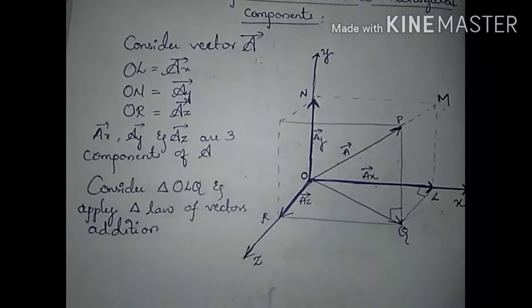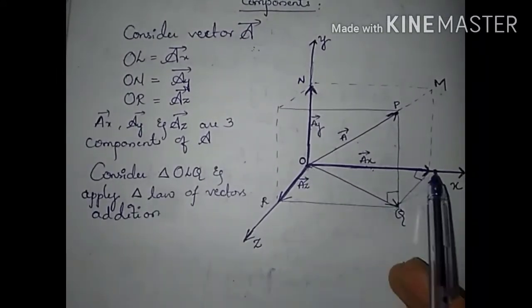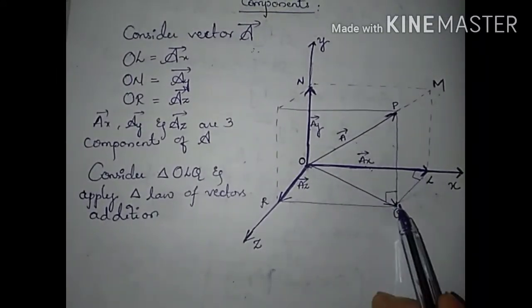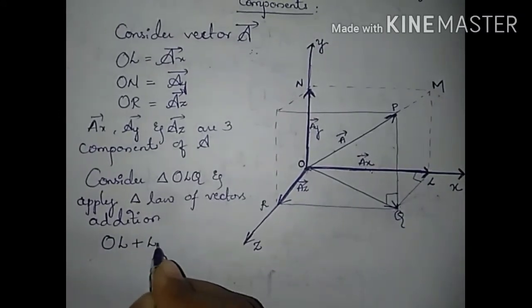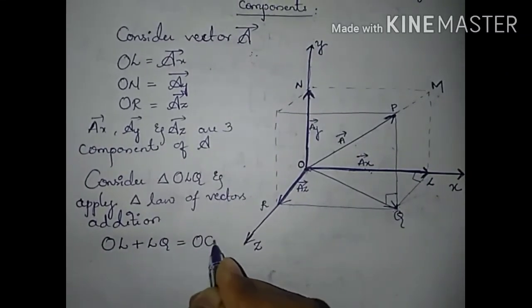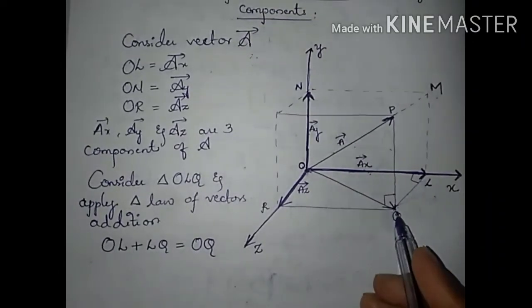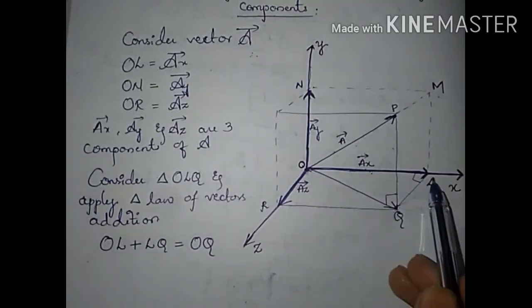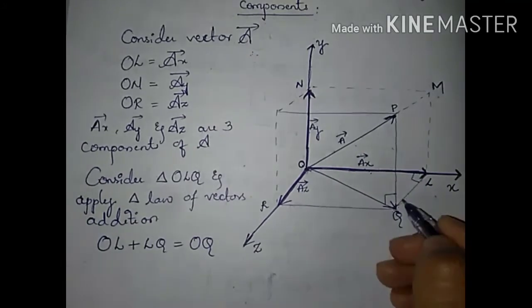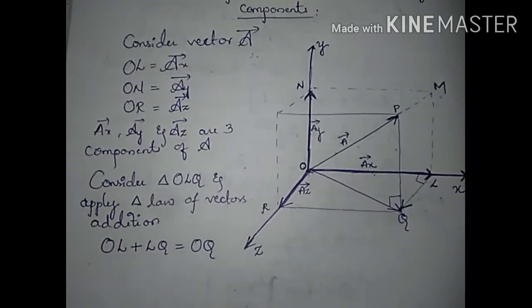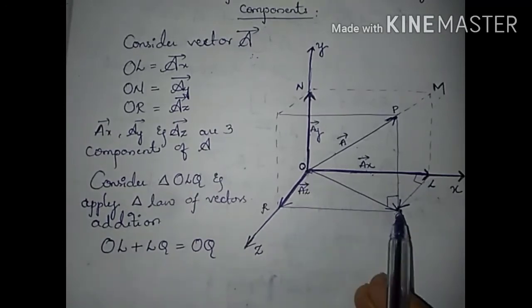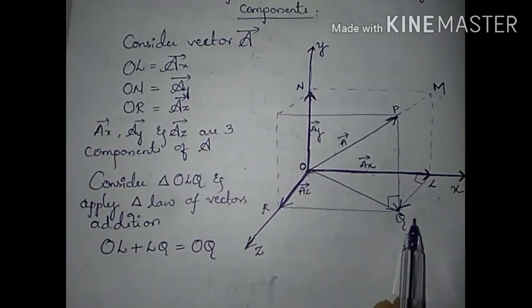So what will be OQ? OL plus LQ is OQ. So you have a vector OQ that can be written as OL plus LQ. This is again a vector. OL plus LQ gives OQ. This is the resultant vector.